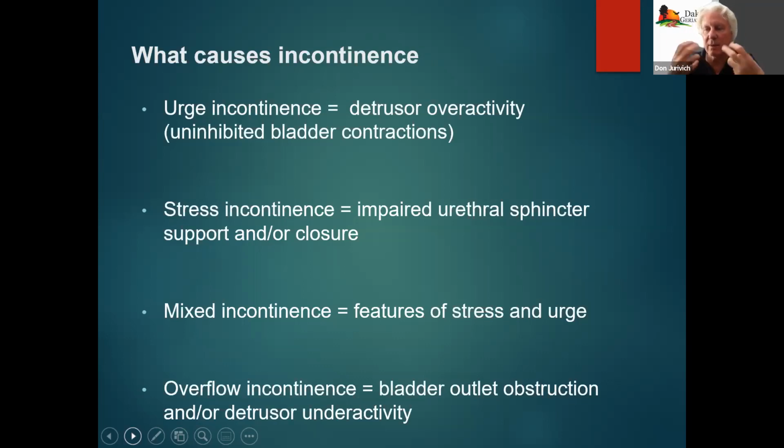It's either because of neurologic issues such as a stroke, or outlet obstruction that causes a distended bladder that becomes weak. So that's basically underactivity of the muscle, or a weak muscle, and that would be called overflow incontinence. It's most frequently observed as a distended bladder on ultrasound. Next slide, please.